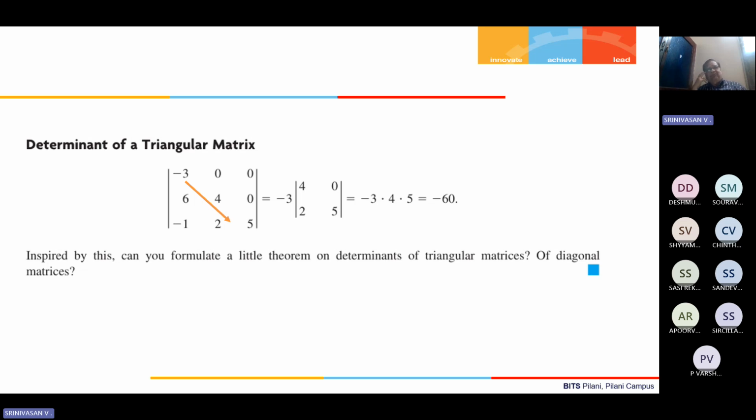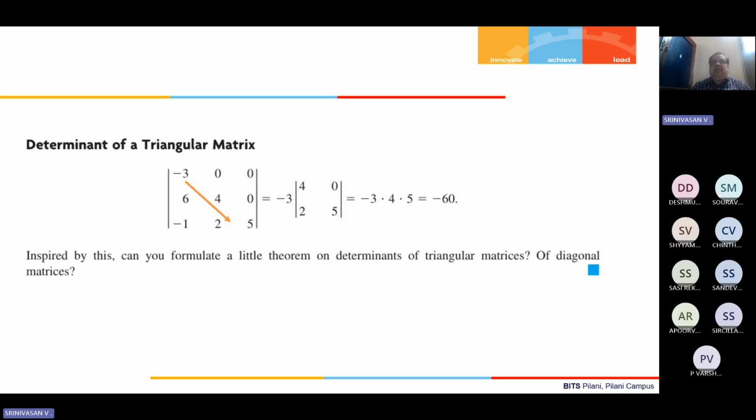You don't need to write them because we know very well it's going to be 0. So the only simplification you need to do is minus 3 into 4 into 5 minus 0 into 2. That is minus 3 into 20, which is minus 60. This is the determinant of the triangular matrix.